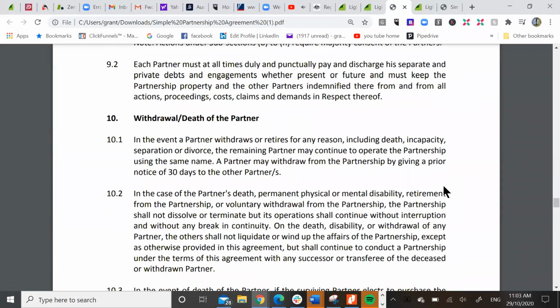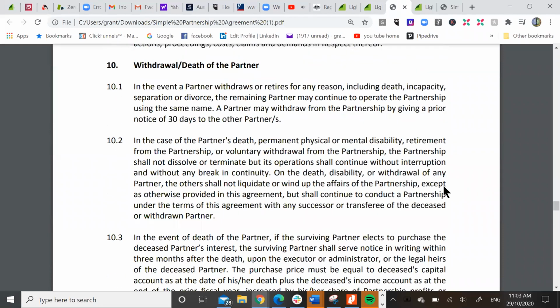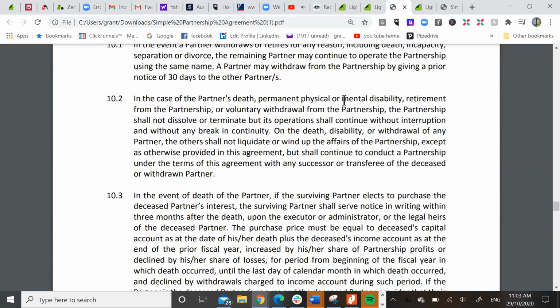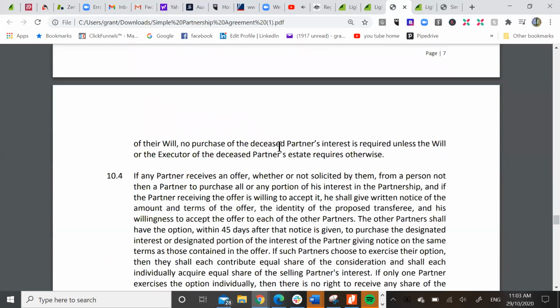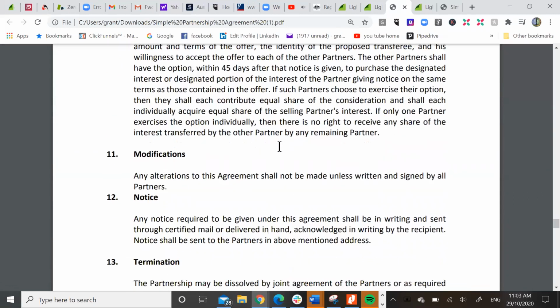What happens on the withdrawal or the death of the parties? I've put in a lot more there: permanent physical, mental disability, retirement, etc. So at any point in time, they can fold out of the partnership, which is, it's easy to get into partnerships, but we want to make sure that we do it properly.